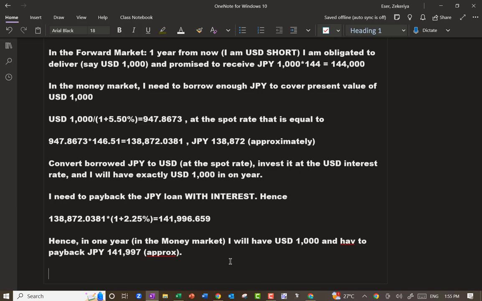So I'm going to take that $1,000 I get from the money market and use that to cover my obligation in the forward market. The forward market is going to give me 144,000 yen, but I borrowed yen now, but I have to pay, let's approximate it even more, 142,000 in 1 year.